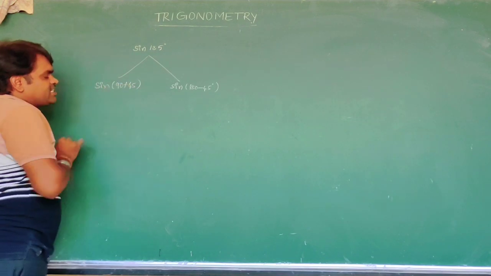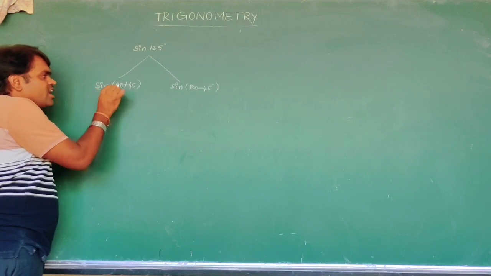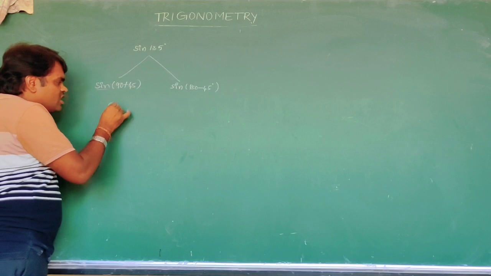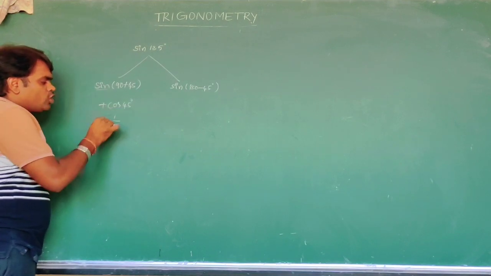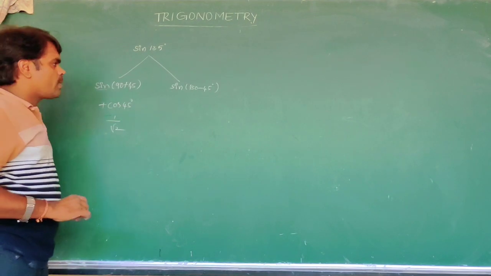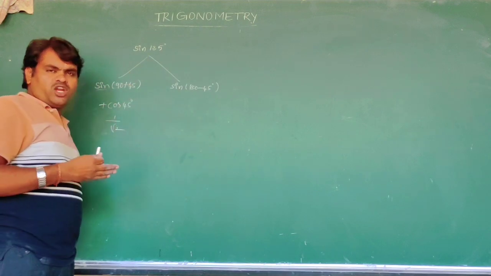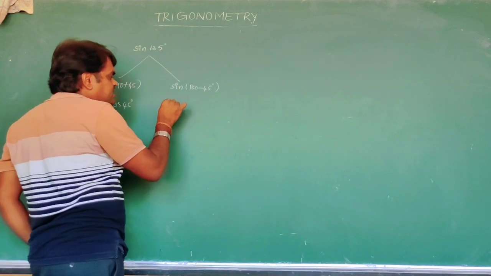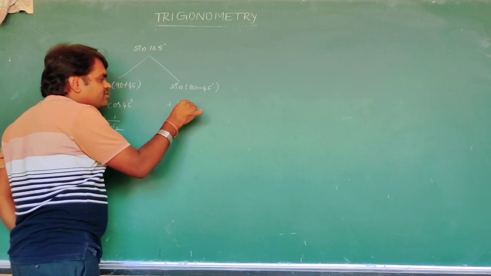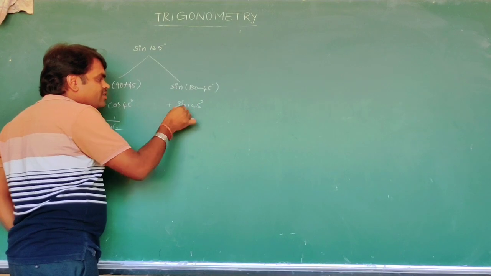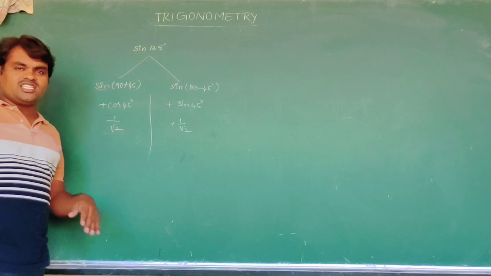In the second quadrant, sine is positive. 90 will be there, so the function changes to cos, positive cos 45. Cos 45 value we know is 1 by root 2. Now 180 minus 45 is the second quadrant. In the second quadrant, sine is positive. 180 will be there, so the function does not change. See, in both cases we get the same value.